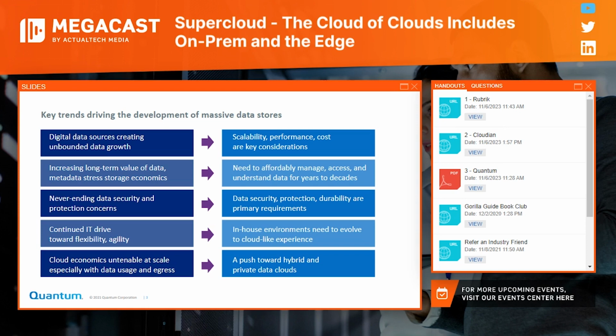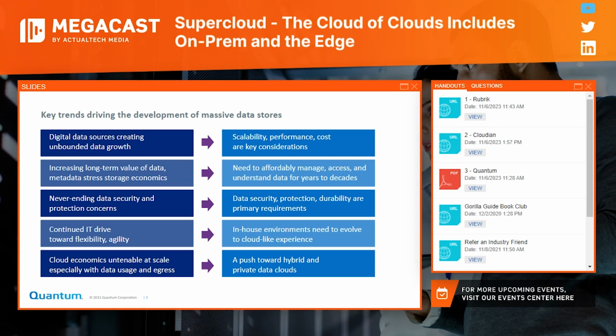So there's a greater requirement for having data for years to decades. Data security, of course, is always important. And then there's durability: making sure that your data is available for the long term and even extends beyond any specific generation of technology that the data is placed on.